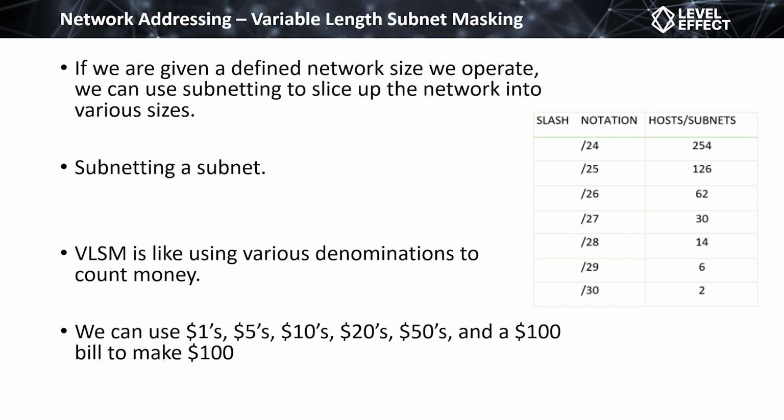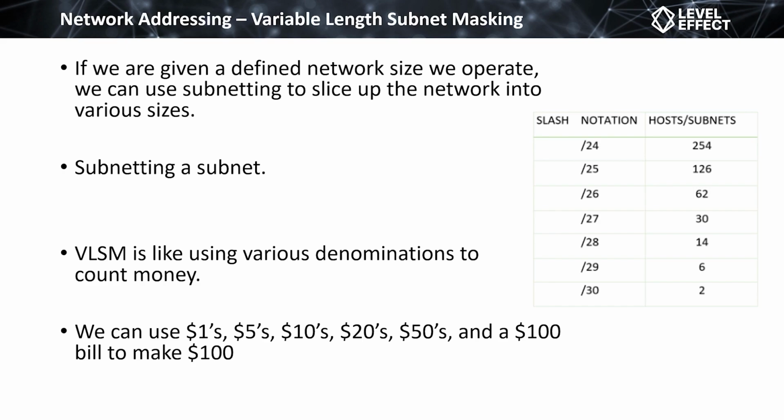Another way to look at it is if you wanted to count $100, we can hold a $100 bill in our hand, and we all understand that concept of what $100 means. But you can also make $100 out of 1s, 5s, 10s, 20s, or 50s, or a combination thereof. So think about it like this. You are an admin who has a $100 network, but you need a $50 network, 2 $20 networks, and a $10 network.